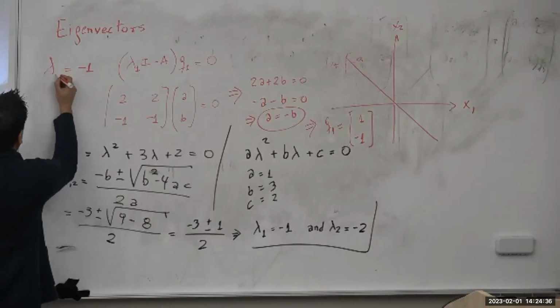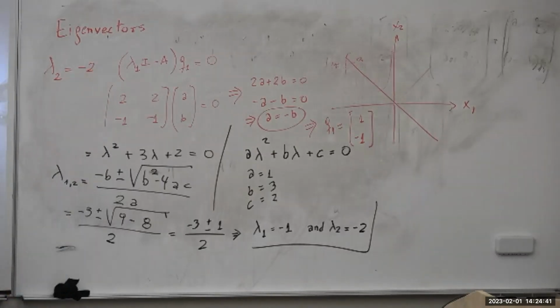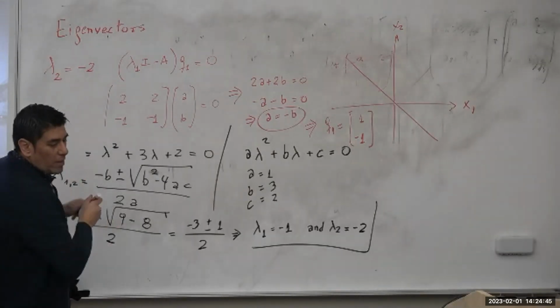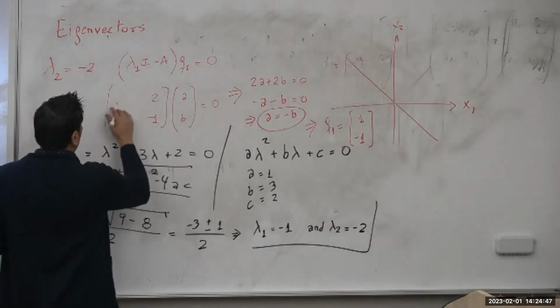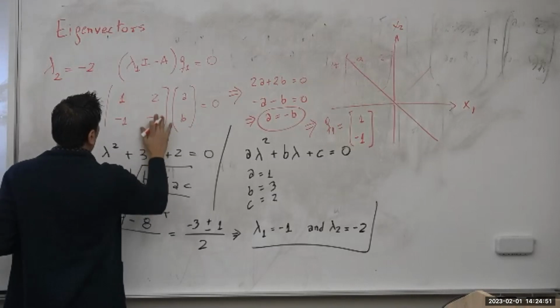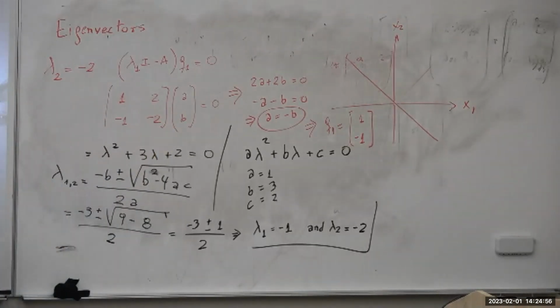So this is going to be lambda 2. This is negative 2. And then you have negative 2 plus 3. That's 1. These are the same. And this changes to negative 2. Do you see the relationship? Again, this is singular.